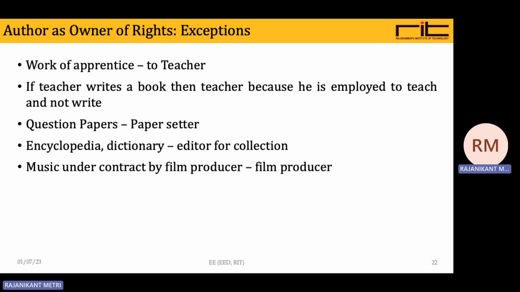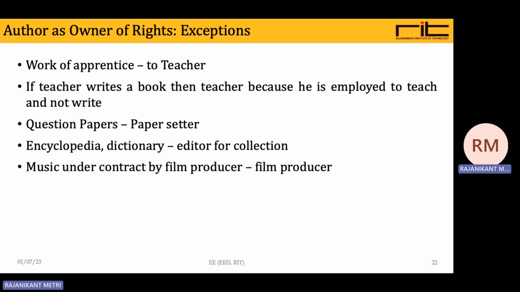Then similarly, work of apprentice to teacher. Suppose you work as an apprentice for a teacher, then that cannot be claimed as an owner or protected. If a teacher writes a book, then the teacher, because he is employed to teach and not to write. So again, this is an exception.